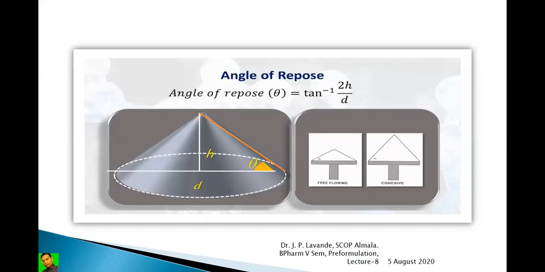The angle of repose is the determinant responsible for showing whether the powder possesses flow properties or not. The formula is: angle of repose theta is equal to tan inverse of 2h divided by d.